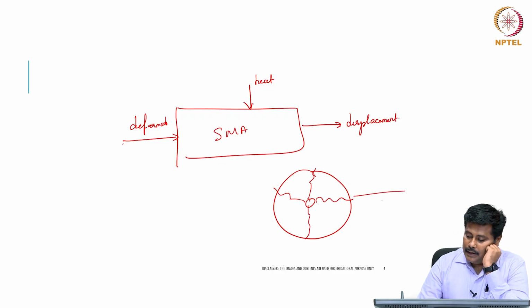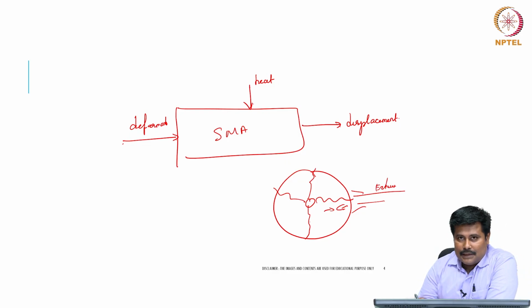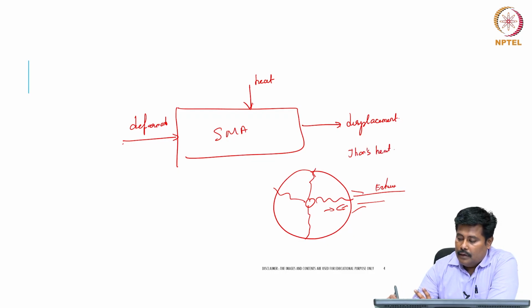We kept this ring near the exhaust of a vehicle. What happens is there was a contraction and elongation in these springs, which resulted in rotation. You can refer to Johnson's heat engine on YouTube.